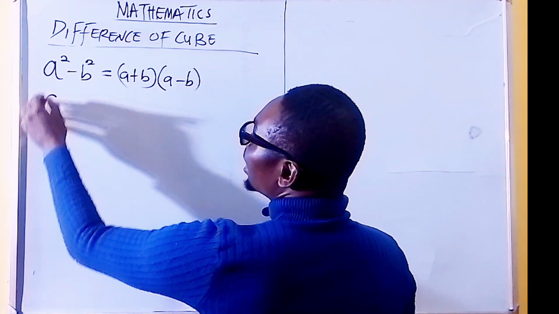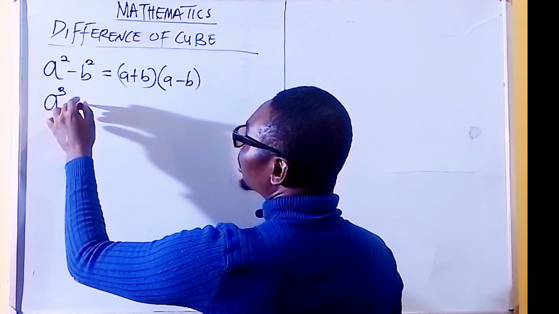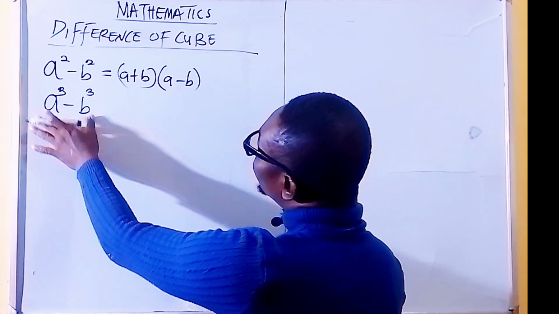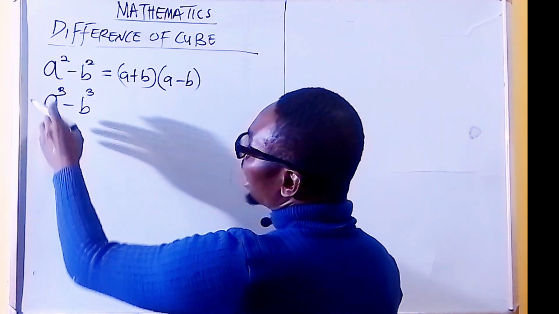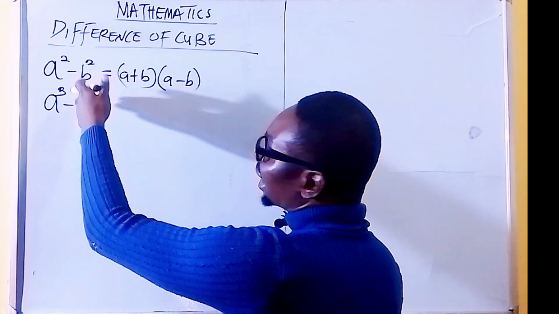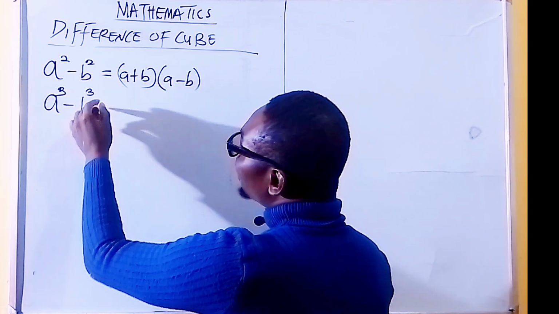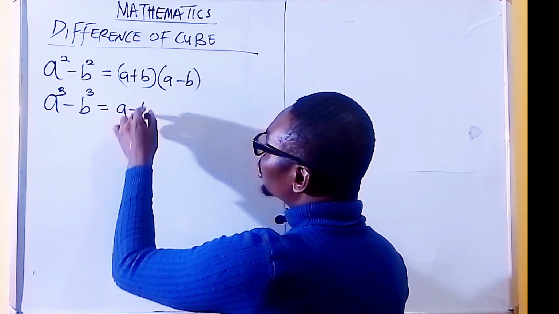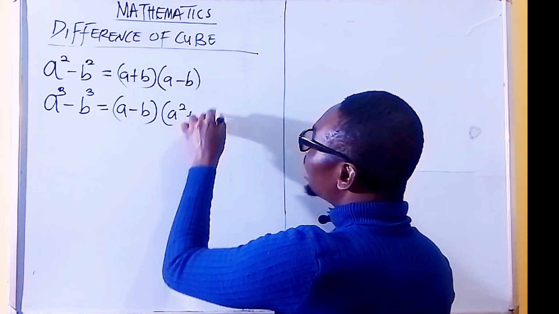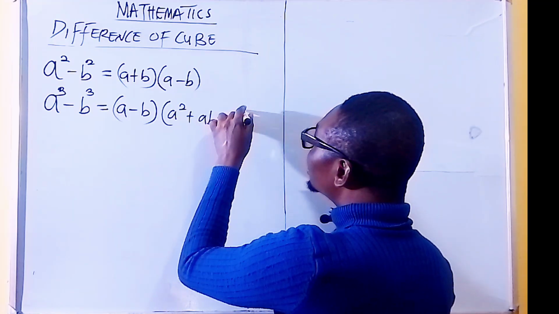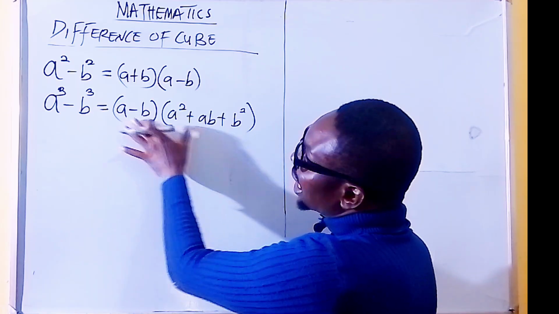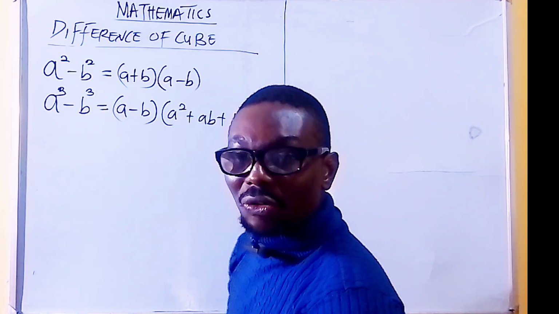So if I have a raised to the power of 3 minus b raised to the power of 3, it is called difference of cube. Why? Because you have a variable having an index of 3 minus another variable having an index of 3. Now, this can be factorized as a minus b into a square plus ab plus b square. So if I expand this, I'm going to get difference of cube.